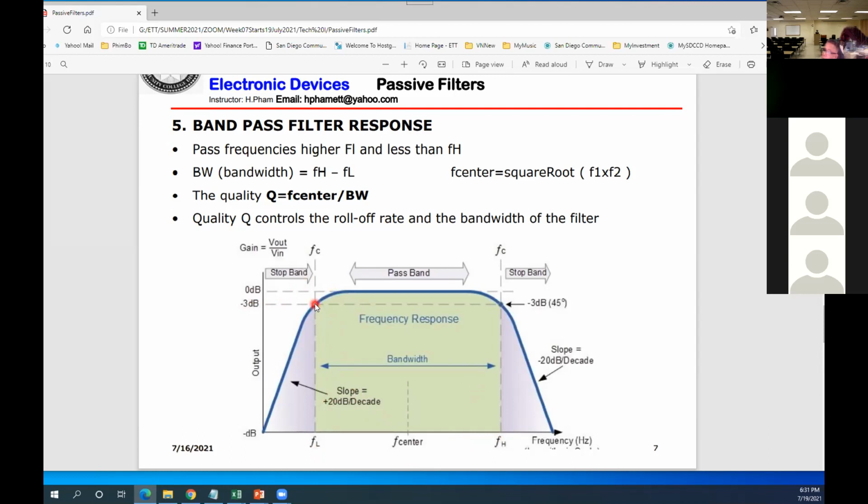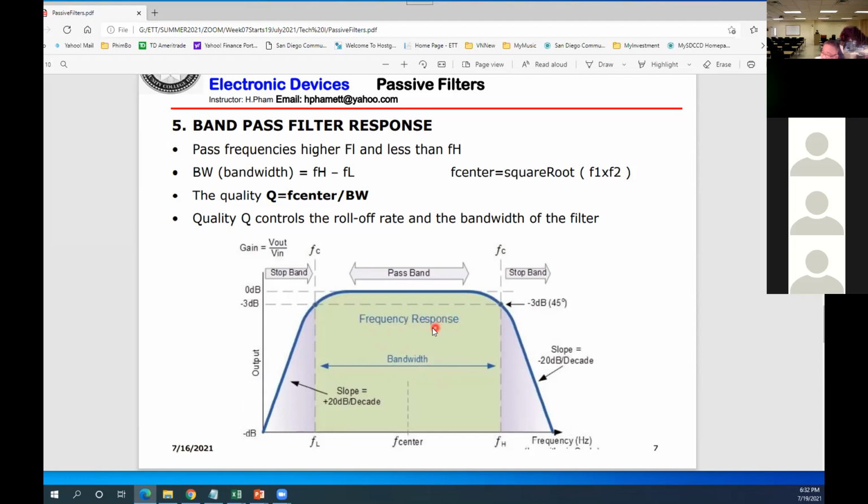You get one point here and another point here. That's the cutoff low frequency and high frequency. So any signal higher than F low and less than F high is allowed to pass. That is what they call the pass band or bandwidth.